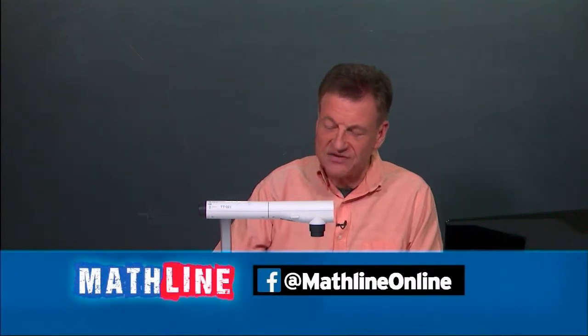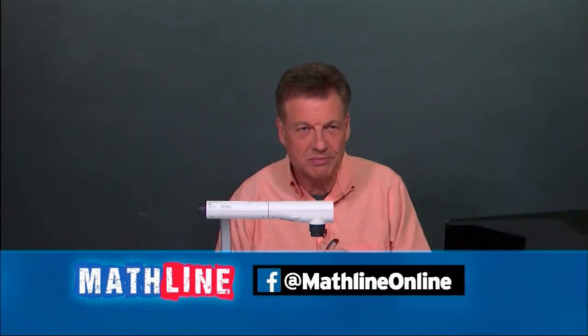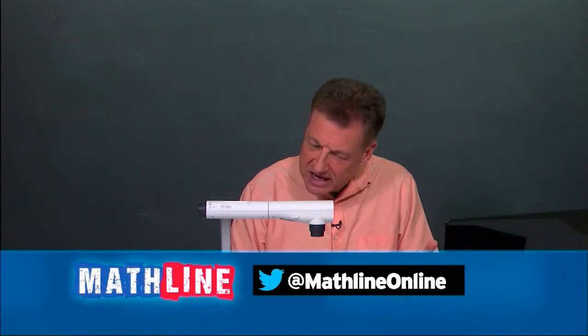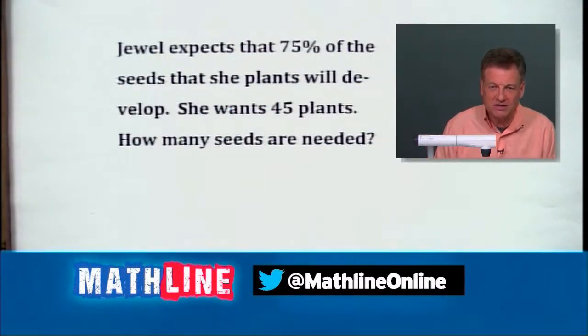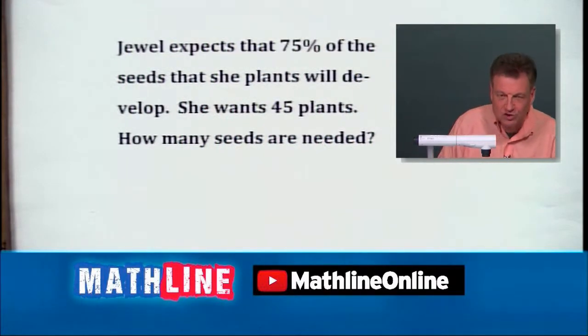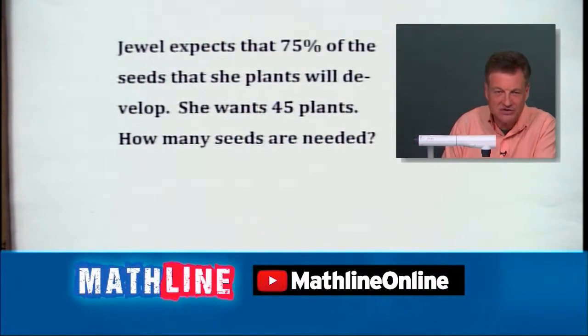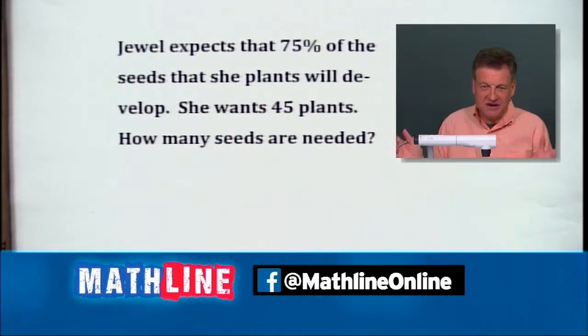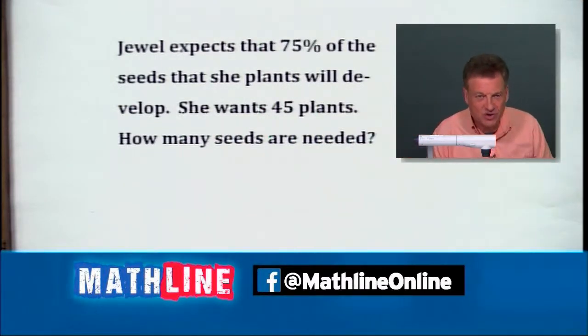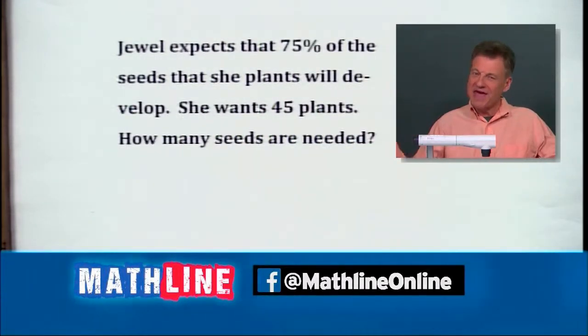Now, where are we going to go from there, you may ask? Let's talk about a relationship between, we had it a minute ago, 75%. Got a story of Miss Jewel here, out to plant some seeds, all right? She expects 75% of the seeds that she plants are going to work out and develop. You know, that happens a lot.